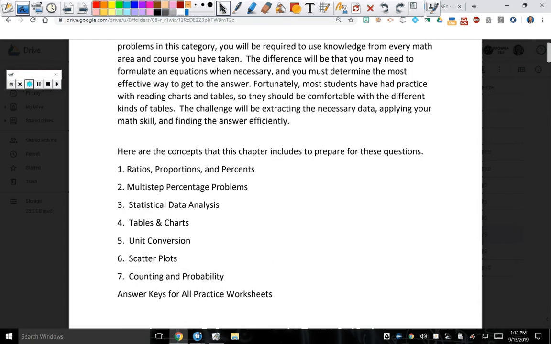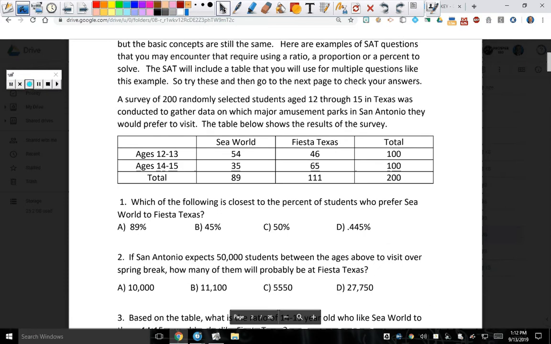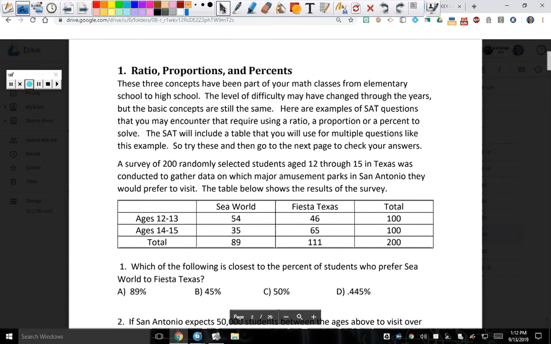Okay, so we'll be looking at ratios, proportions, and percents, multi-step percentage problems, and then statistical data analysis. Let's go ahead and begin. These three concepts have been a part of your math class since elementary. The things that people struggle with sometimes are proportions and percents.